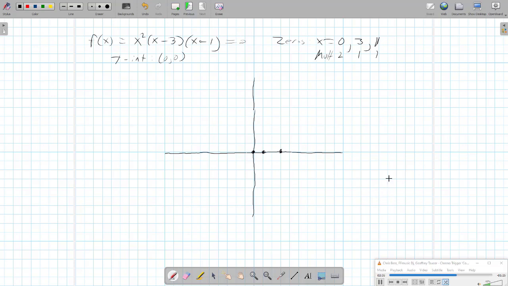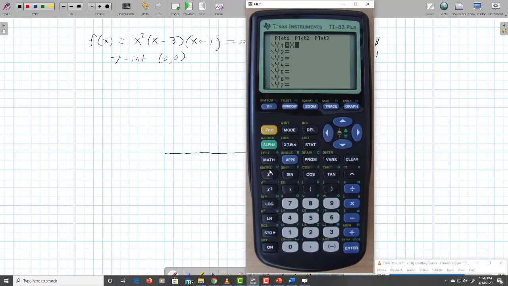Let's bring up the calculator. So we have x squared, x minus 3, x minus 1, and I'm just going to look at the table for now.